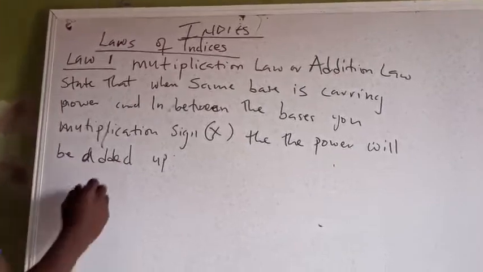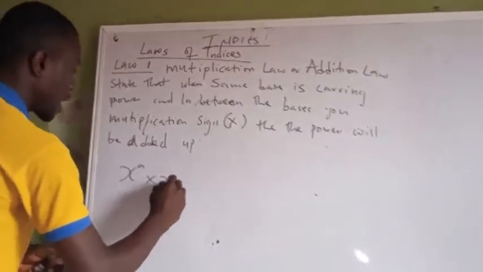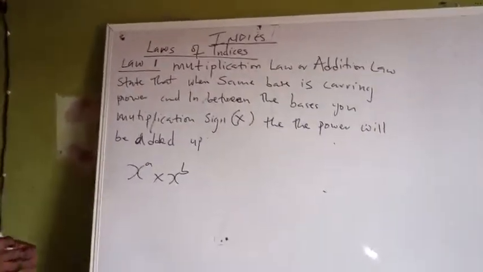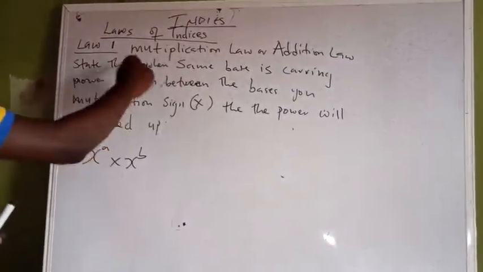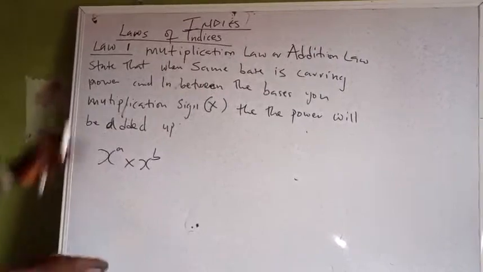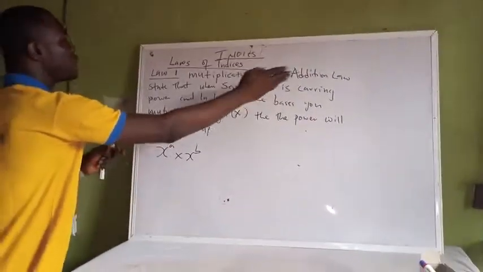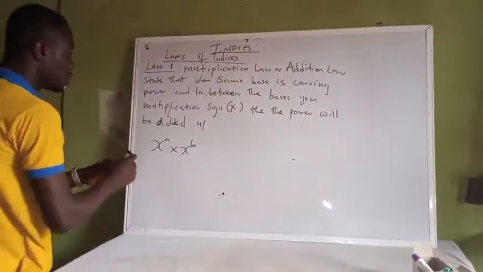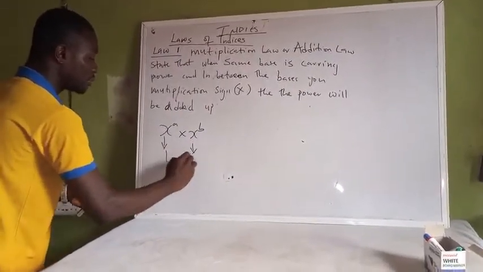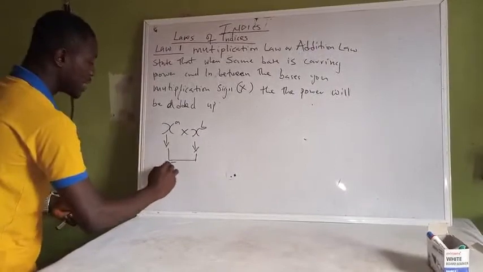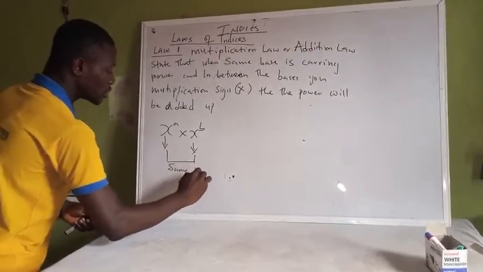Now let's look at it mathematically. This is x raised to power a times x raised to power b. As we just stated in law one, multiplication law or addition law states that when same base is carrying a power, and in between them you have the multiplication sign, then the power will be added up. Look at this: this is x and here is x, both of them having the same base.